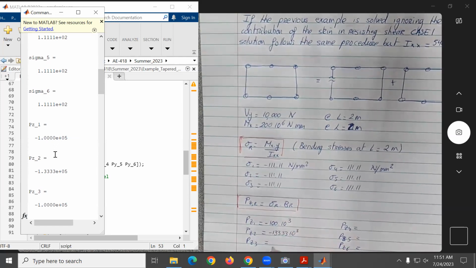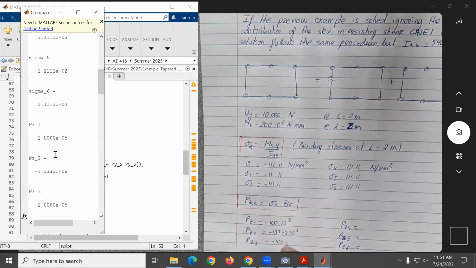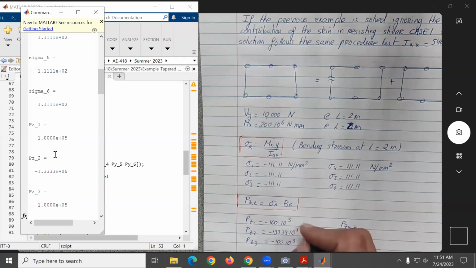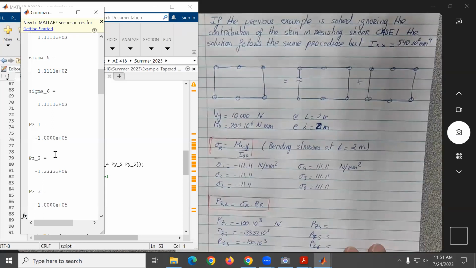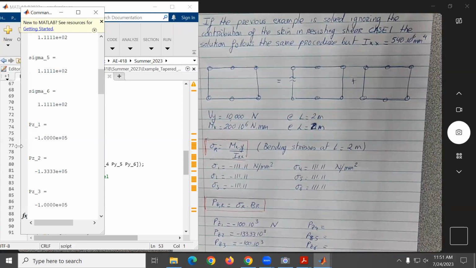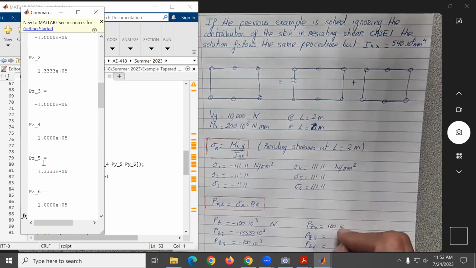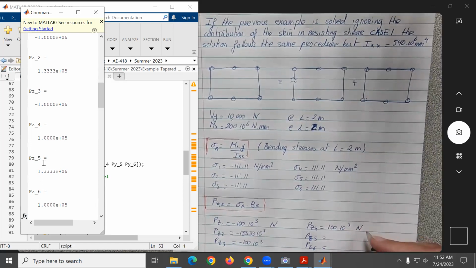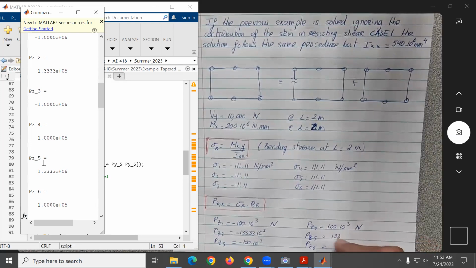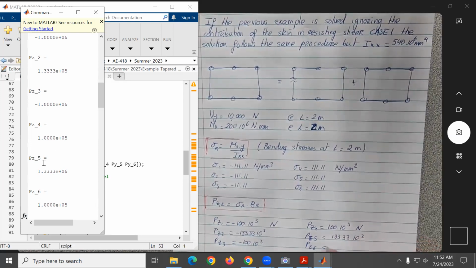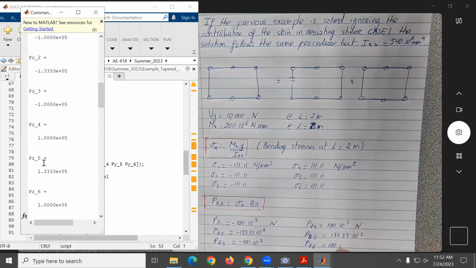Then minus 110 to the 3, so it will be newtons. Pz4, we could use the symmetry. Would be just the same thing, but with the reverse sign, so 110 to the 3. Newton. Pz5, 133.33 10 to the 3, and Pz6, 110 to the 3.